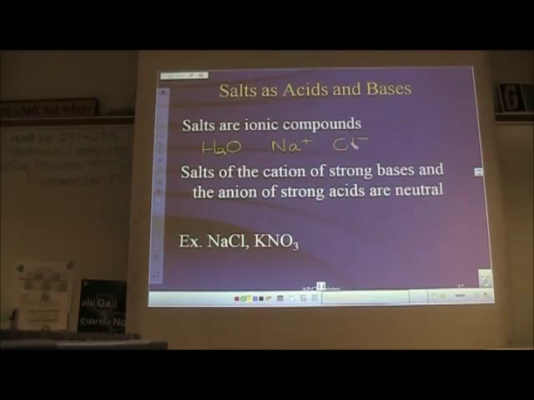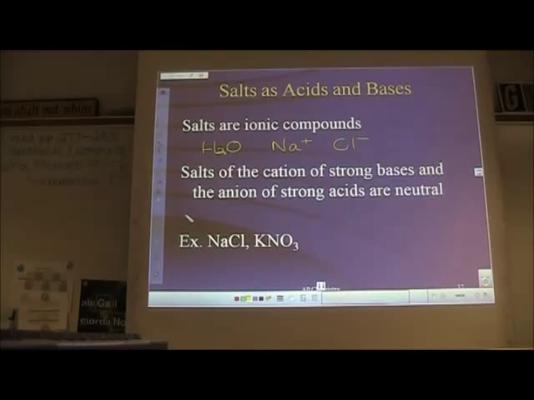This example has 3 major species floating around. Well, let's think about, and this is the thought process you're going to need from now until the end of chapter 15: you need to look at your major species and think about what the possible reactions are that could occur.